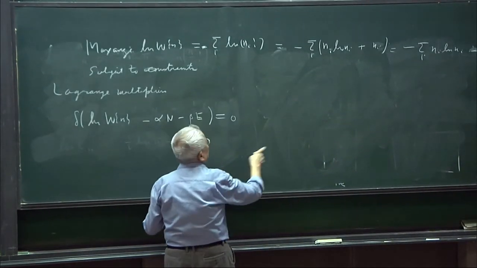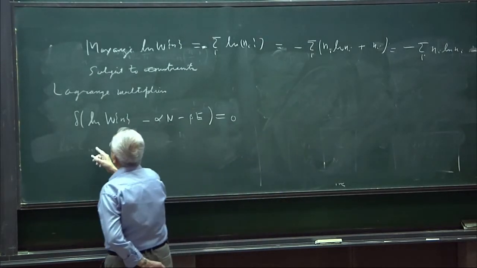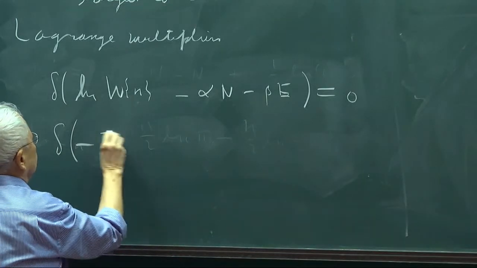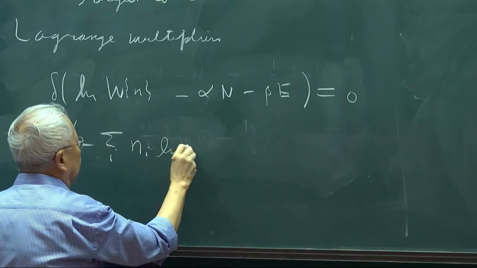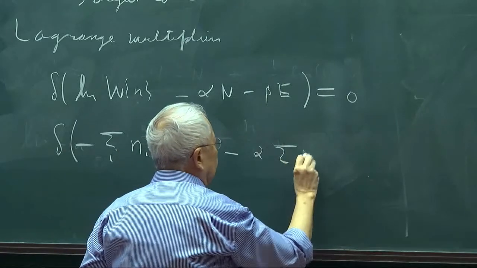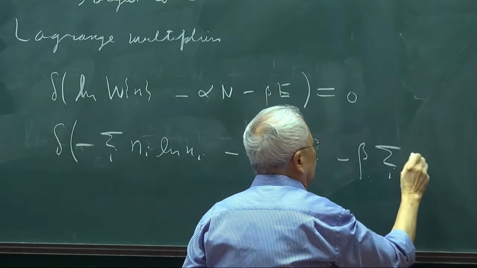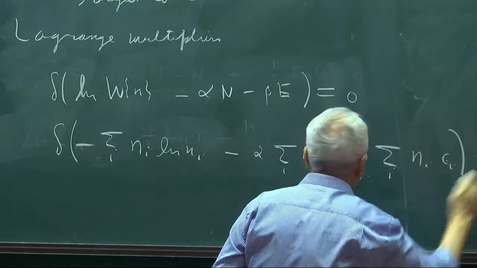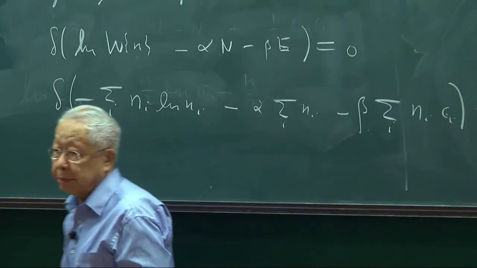So I do this. The capital N term vanishes upon variation. So this is equal to the variation of minus the summation over i of N_i log N_i, minus alpha times the summation of N_i, minus beta times the summation of N_i epsilon_i, is equal to 0. And now I can treat each N_i as independent.